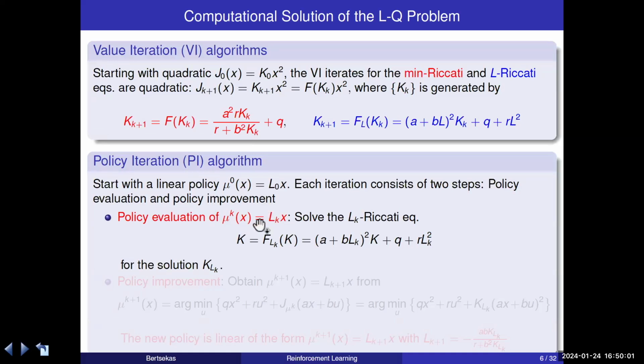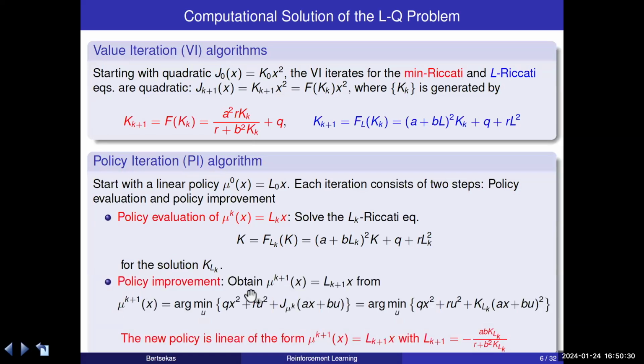The policy evaluation of the kth policy, the current iterate, is obtained by solving graphically or otherwise the LK Riccati equation. It's a linear equation. It can be solved graphically or computationally with MATLAB or by simulation, any way you would like. And this gives us a solution KLK. This is the cost coefficient of that policy.